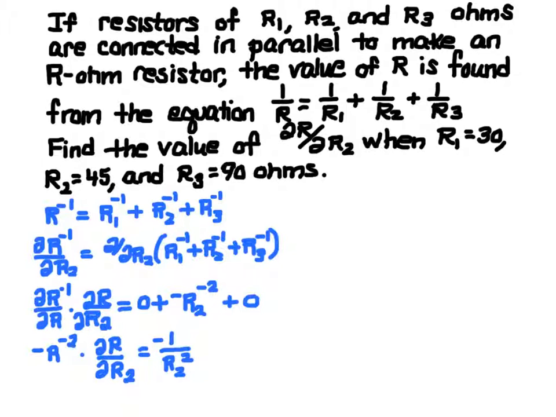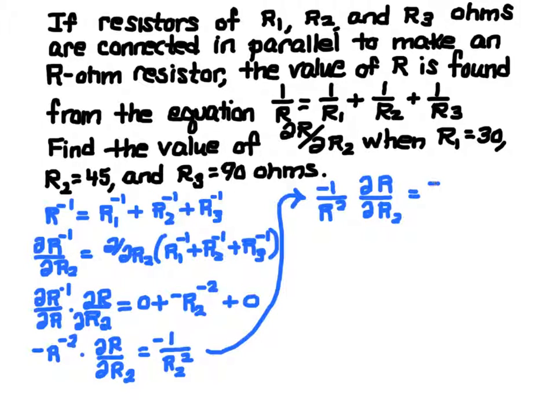And so now I'm going to take this and sort of come over here. And let's rewrite that left-hand side. That's actually a negative 1 over r squared times the partial derivative of r with respect to r sub 2, and that is equal to a negative 1 over r sub 2 squared.